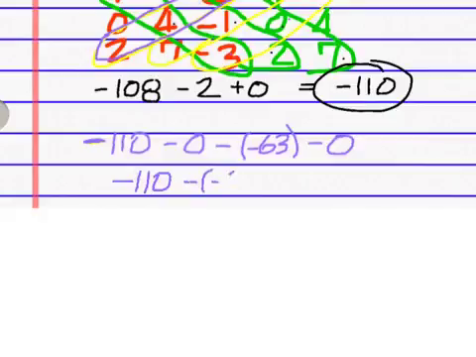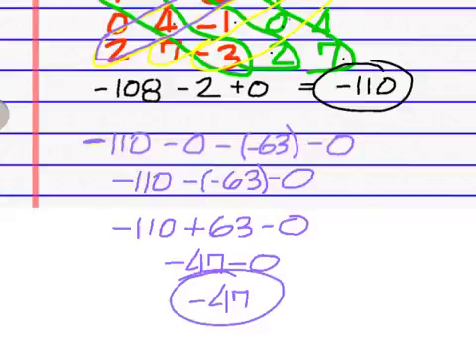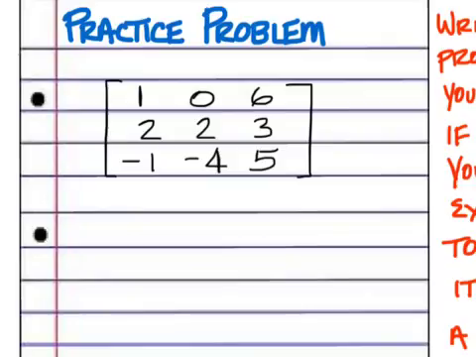And then you have minus a negative 63, and then minus 0. Negative 110 plus 63 comes out to be negative 47? And then when you take away 0, it's still negative 47.